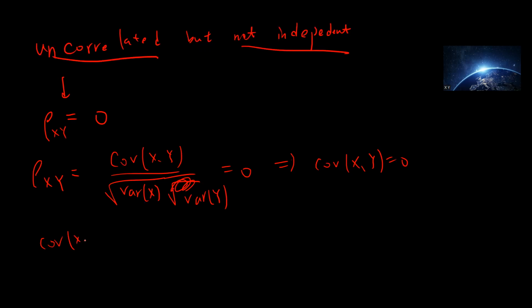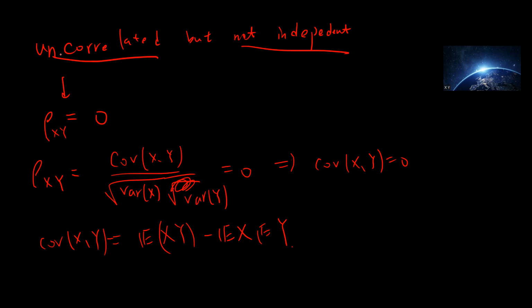And the covariance of X and Y by definition is the expectation of XY minus the expectation of X times the expectation of Y. If you learned in high school, if your two variables are linear to each other, then you can use this correlation coefficient to check whether they are dependent or not.